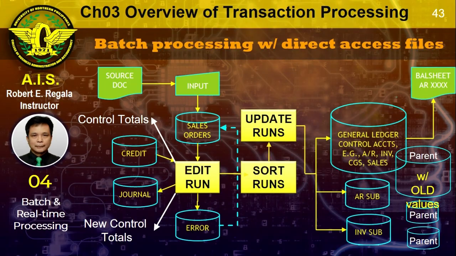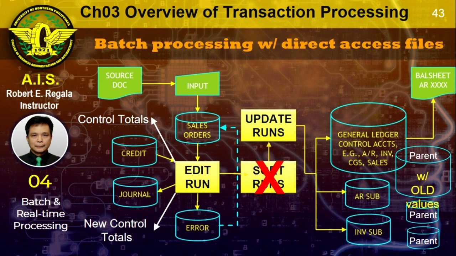Batch processing using direct access files. Changing the file structure from sequential to direct access greatly simplifies the system. The shift to direct access files causes two noteworthy changes to the system. The first is the elimination of the sort programs.